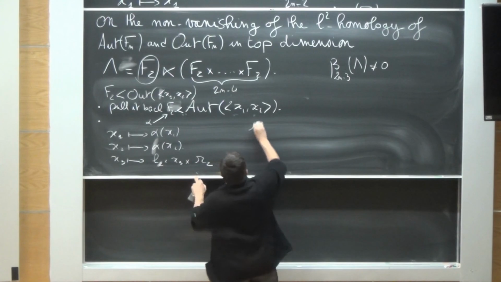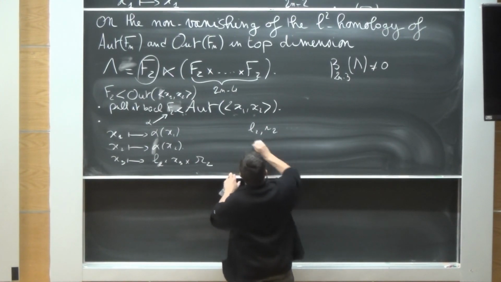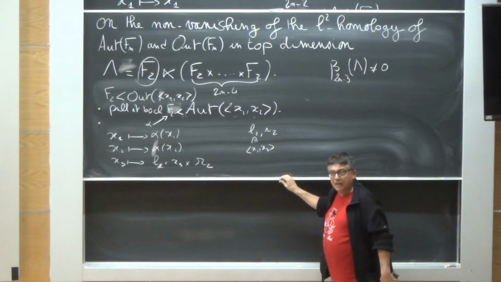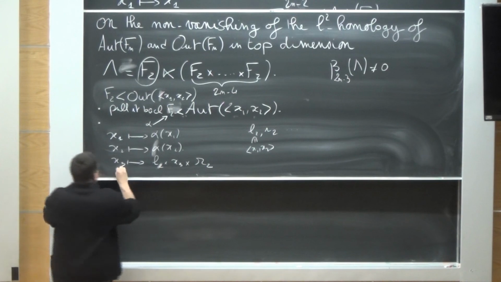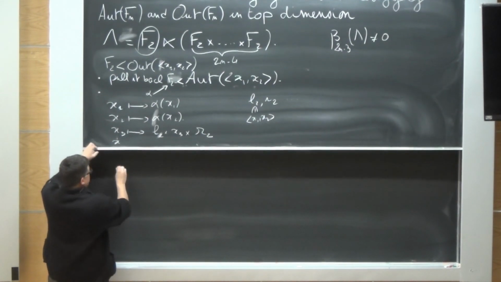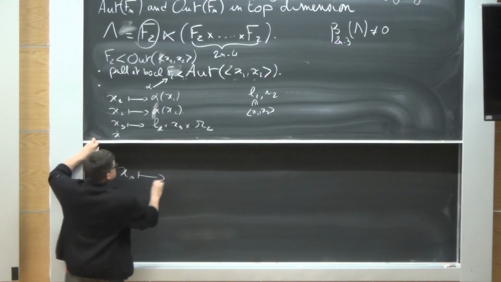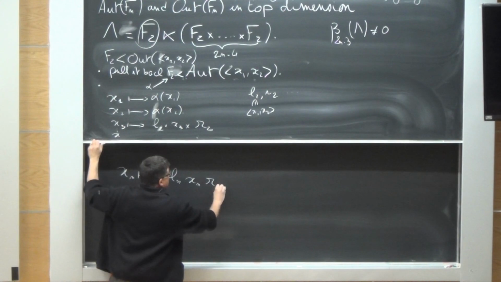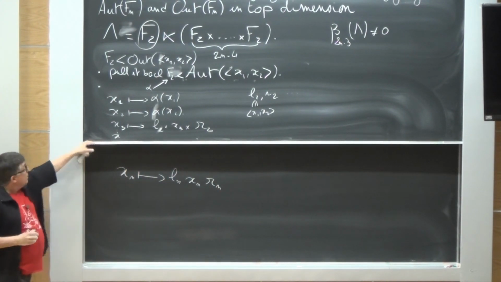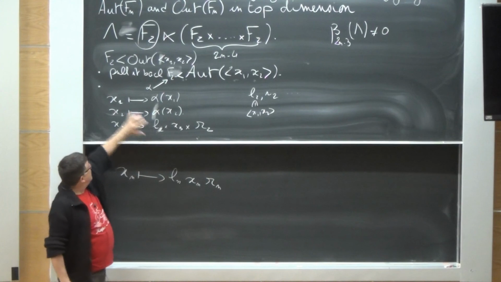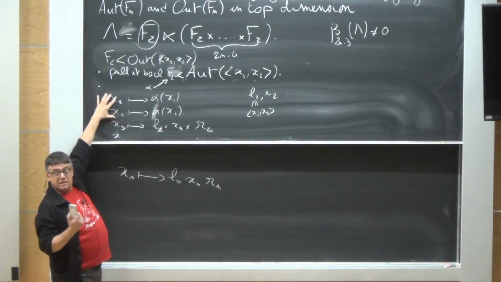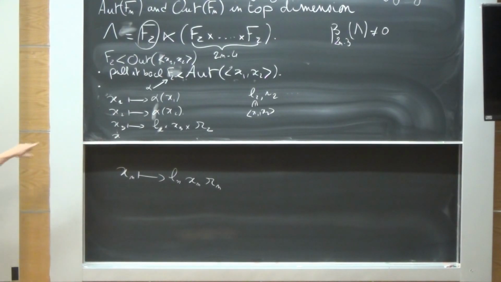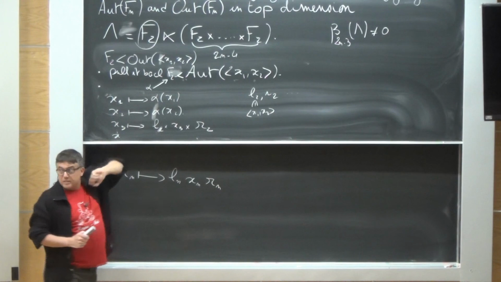And now this l2, r2, and so on, they all belong to the free group generated by x1, x2. And x_n is sent to l_n x_n r_n. You see, I multiply, so I keep this subgroup globally fixed, but acted upon by an element of the automorphism group.